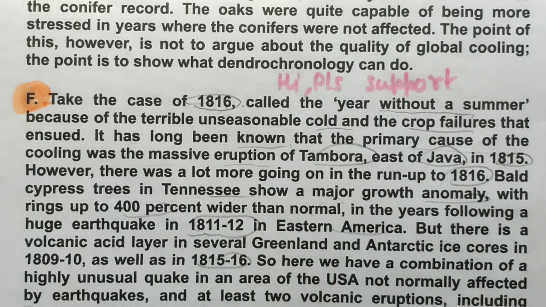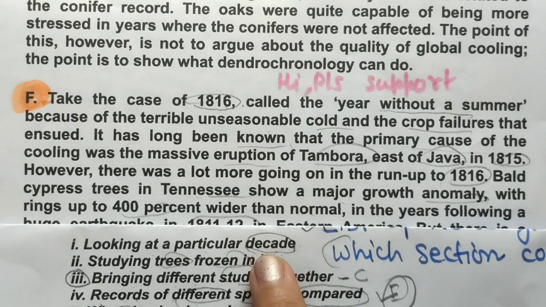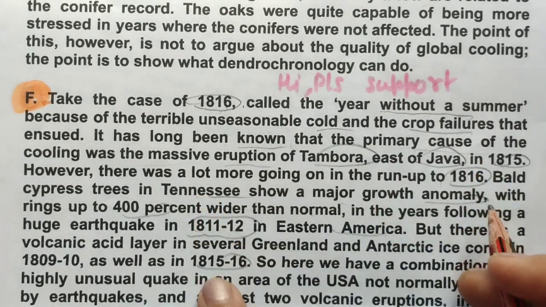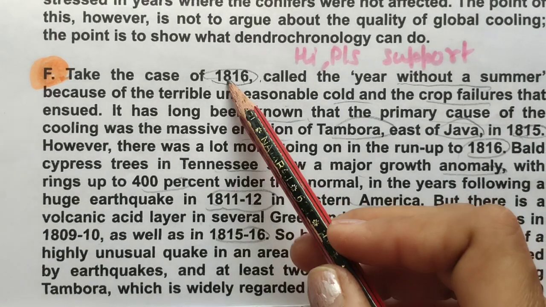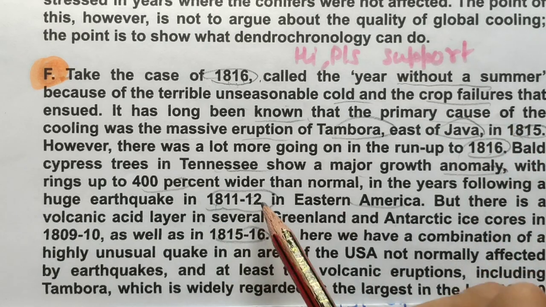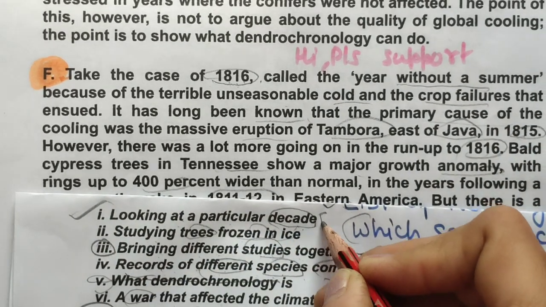I think they are talking about the decades, kind of looking at a particular decade, because particular decade means 10 years. So let's read the other part of the paragraph, then we can decide. I think we can select this first number with F number paragraph.